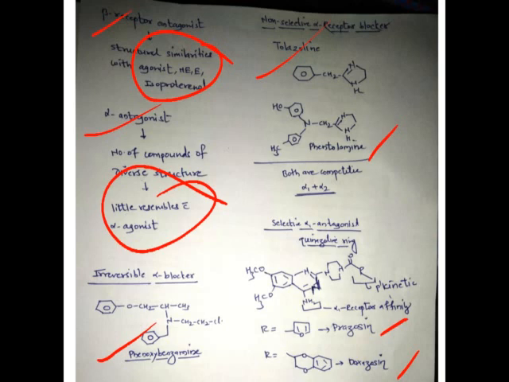Write down the structure of phenoxybenzamine. This phenoxybenzamine is the irreversible alpha blocker. That means once it blocks the alpha receptor, it will not free that receptor again. So permanently it blocks the alpha receptor, so it is called the irreversible alpha blocker.